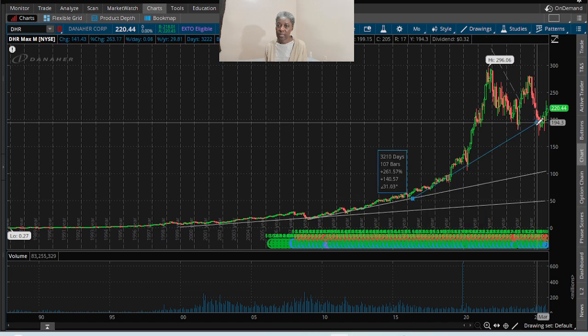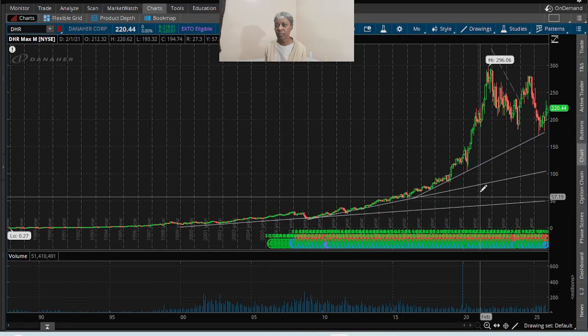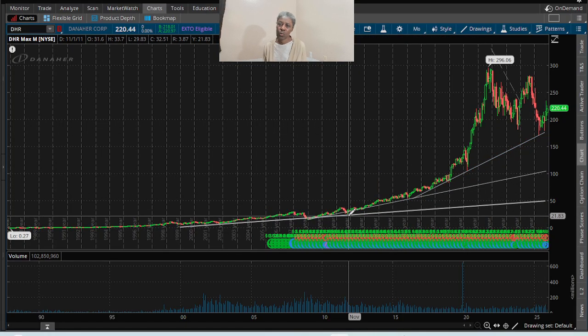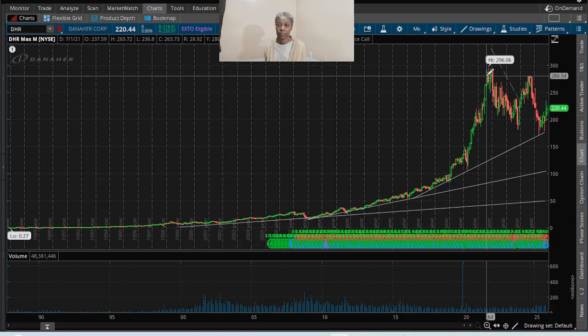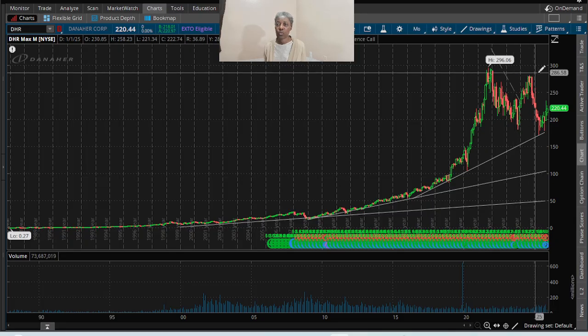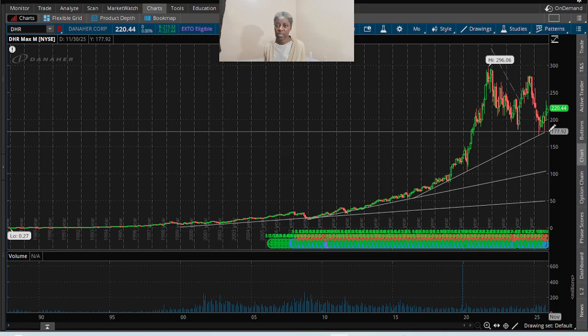If we trace this, it's going to go this route. It took years climbing up, and 1, 2, 3, 4 years climbing down. It touched base with this valley line and started going up from there.